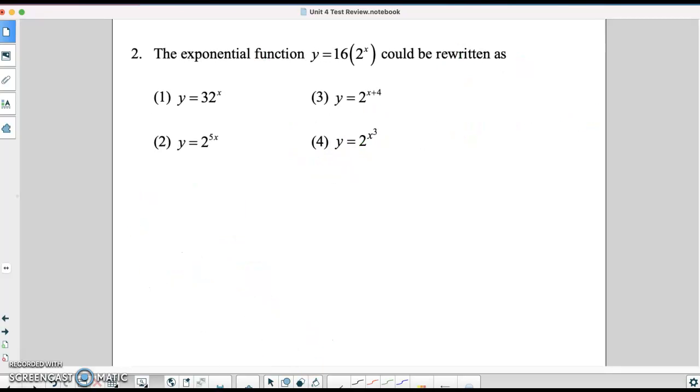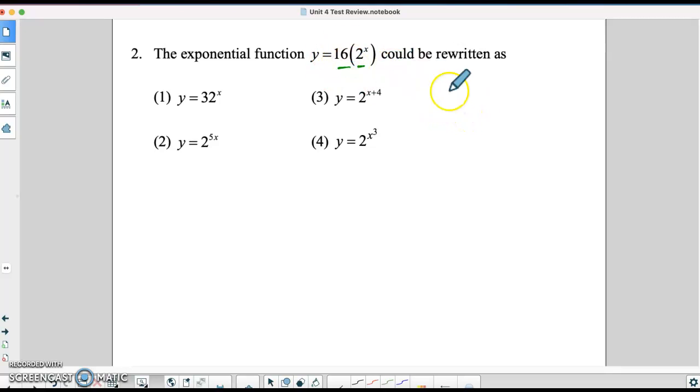Next one, the second question. The exponential function y equals 16 times 2 to the power of x. We need to find which one is the equivalent equation. If you look at this equation, notice those two are in different formats. This is an exponent, this is a power, and 16 is just a regular constant number.